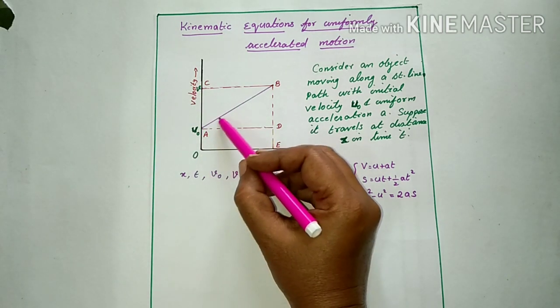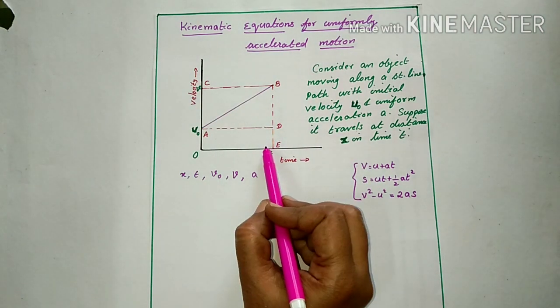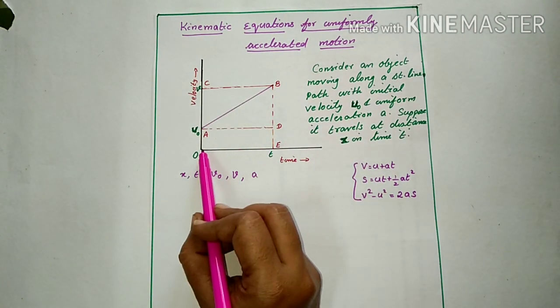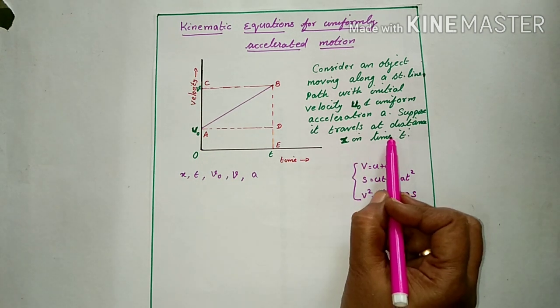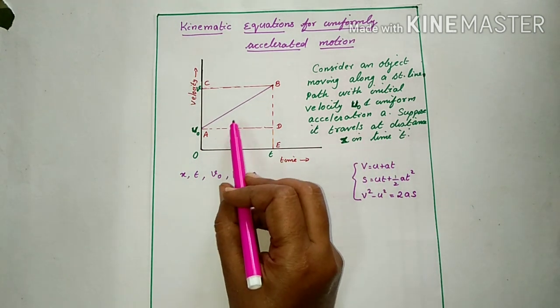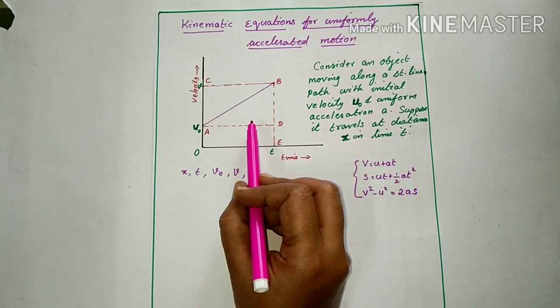The nature of the graph is a straight line inclined to the time axis, and the object travels a distance x in time t. From this v-t graph, we want to derive the three kinematic equations for uniformly accelerated motion.